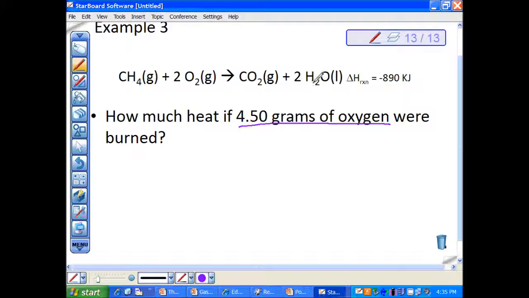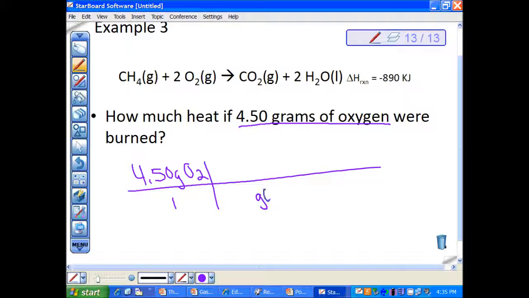So the first thing I've got to do is to convert to the mole. We actually did this type of problem in pre-AP, and I'm doing oxygen, which is O2. I would bring grams of oxygen down and mole of oxygen to the top, and this is 32. Normally now it's looking like a stoichiometry.